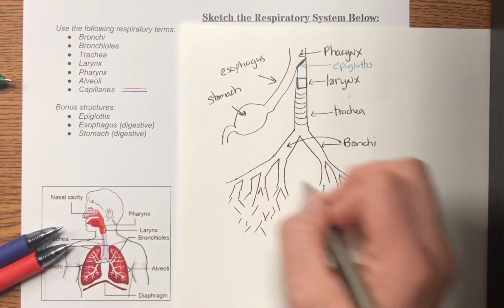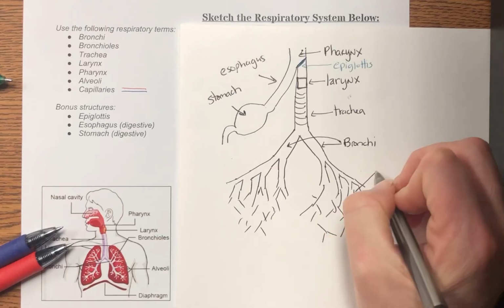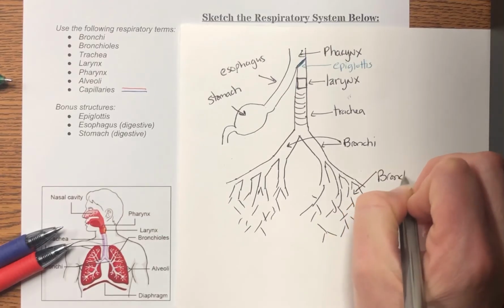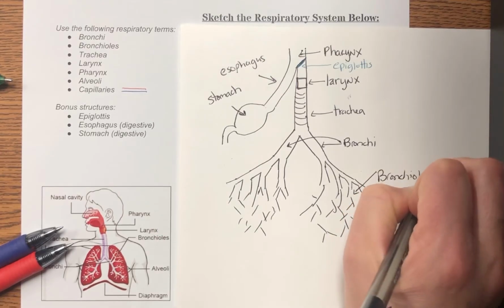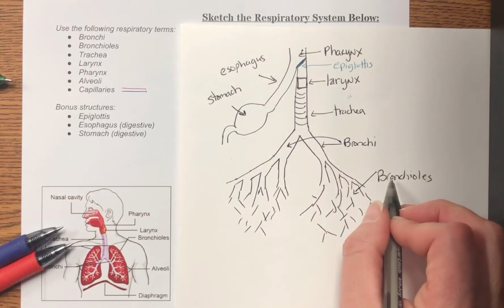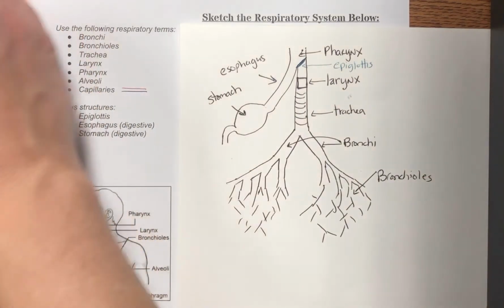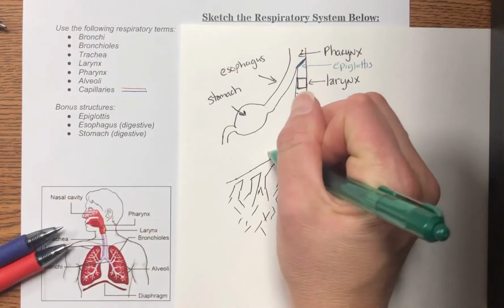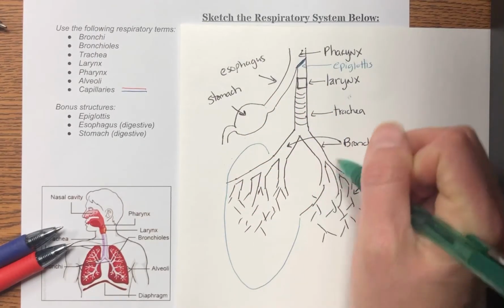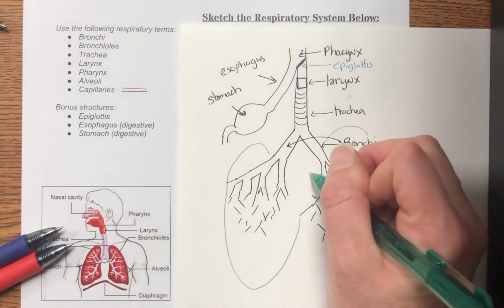Okay, those are going to be the bronchioles. So these are the large branches, and these are the smaller branches within the lungs. I think it'll be easier to see if we actually draw lungs on here. Hopefully this helps to make more sense.